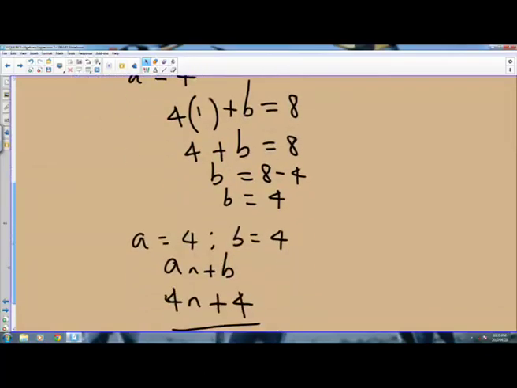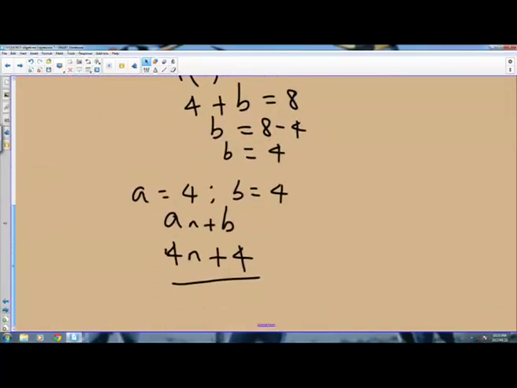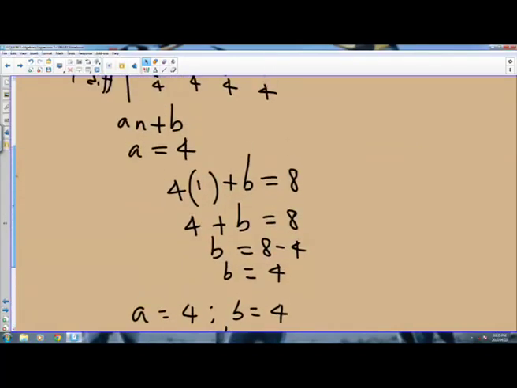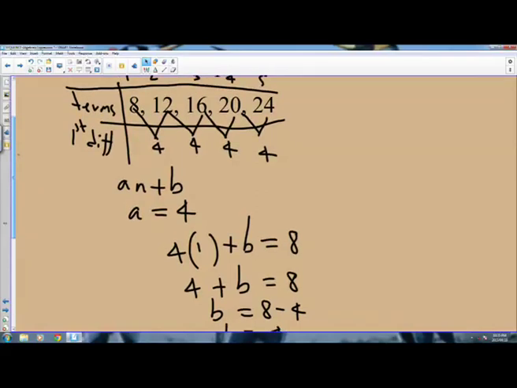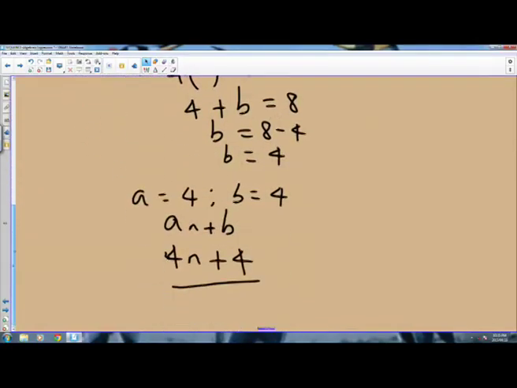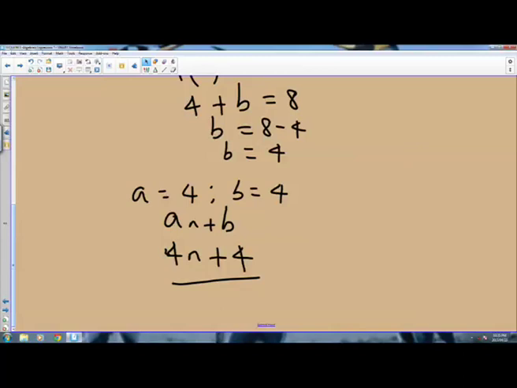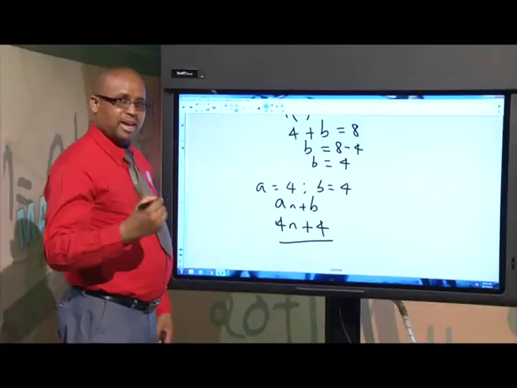You can always check if your algebraic form is correct. You can choose the term at position number 5. First, let us check what the value of the term at position number 5 is. It's 24. So if we substitute in this, we should be able to get 24. The algebraic form is 4n plus 4. The term at position number 5 simply says the value of n is 5.